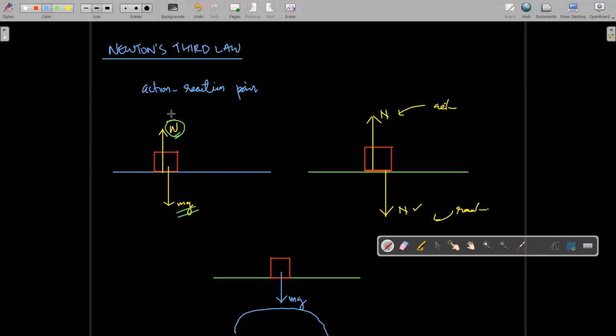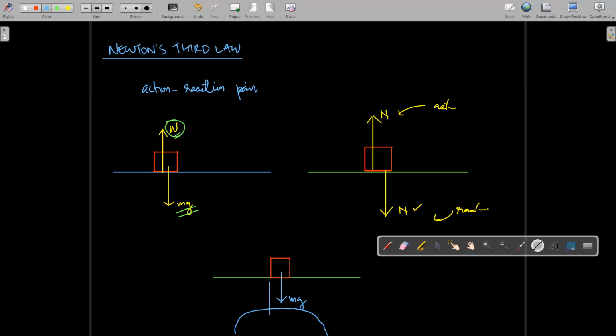The earth will also have a force applied onto it by this body. This force mg is acted upon the body by the earth, and the reaction force will be acted upon the earth by this body.